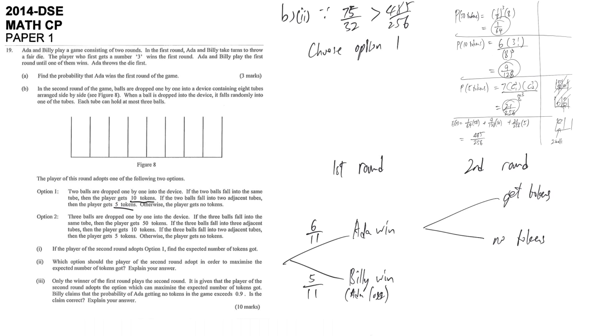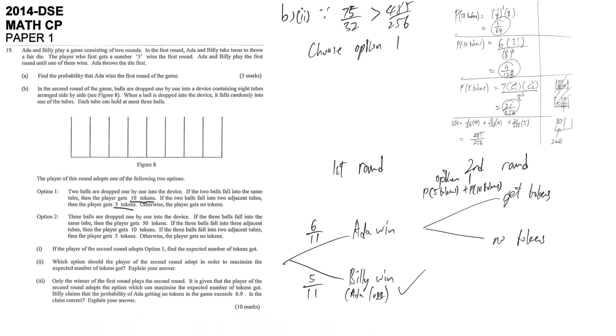Then we calculate this path, because we want to know the probability that Ada does not get any tokens. If Ada wins, she will choose option 1. And option 1 has only 2 cases, which are the probability of 5 tokens plus the probability of getting 10 tokens.